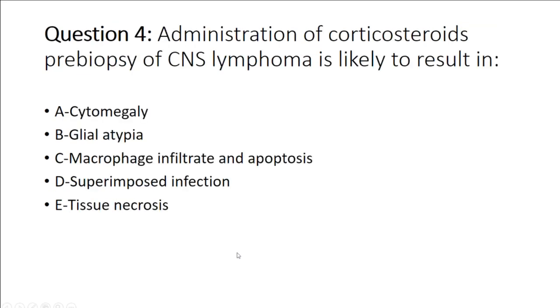The final question: administration of corticosteroids pre-biopsy in CNS lymphoma is likely to result in: A, cytomegaly; B, glial atypia; C, macrophage infiltrate and apoptosis; D, superimposed infection; or E, tissue necrosis.